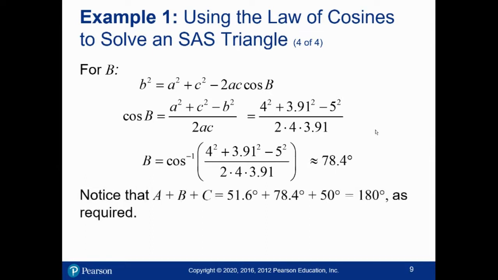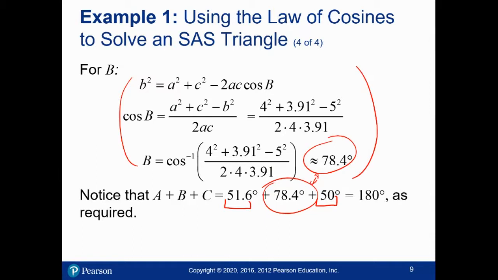It is a way to double check. We had already found 50 was what was given to us, and we had just found 51.6. Using the fact that all three add up to 180, you would find this, but then you might want to double check your work by doing the law of cosines again. Since this also matches the same result, you can be confident it was correct.